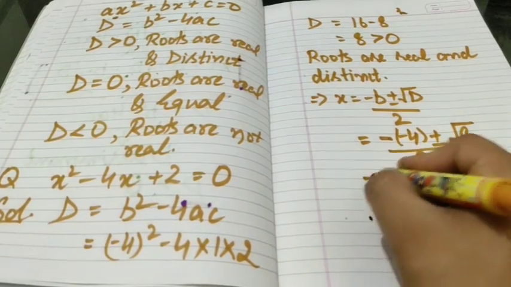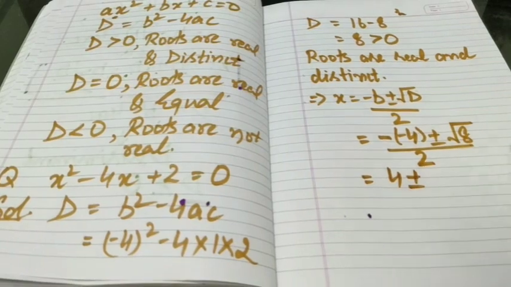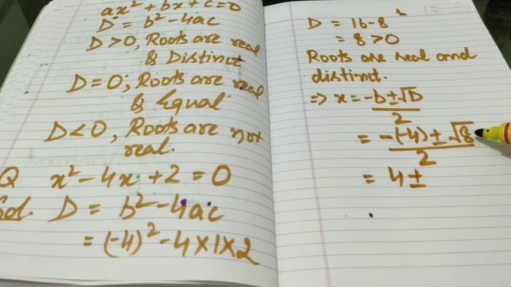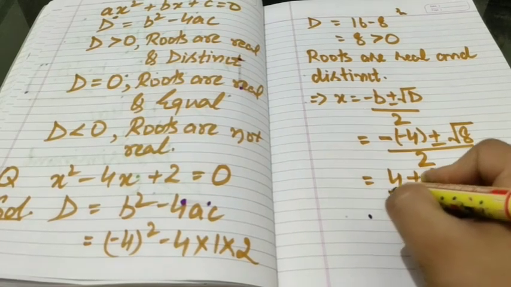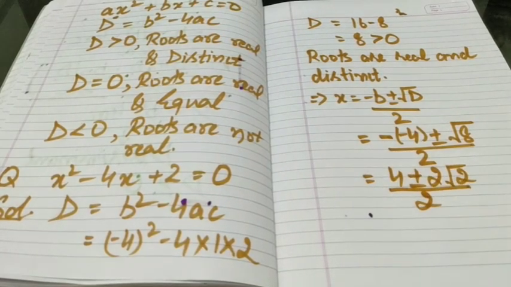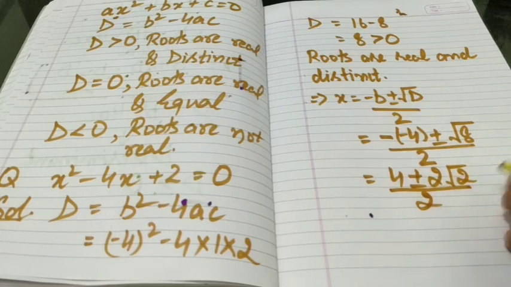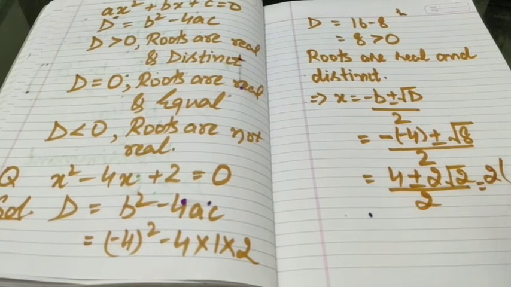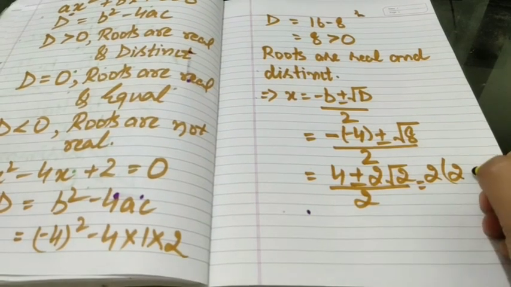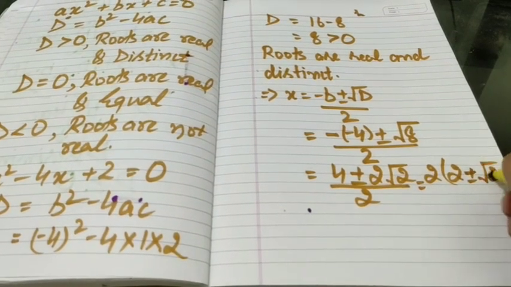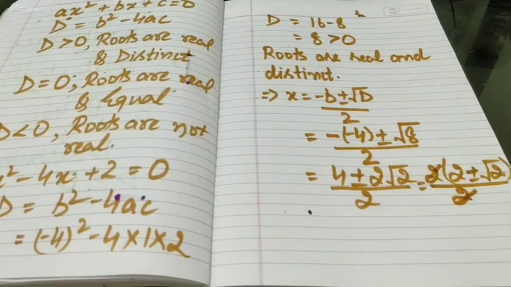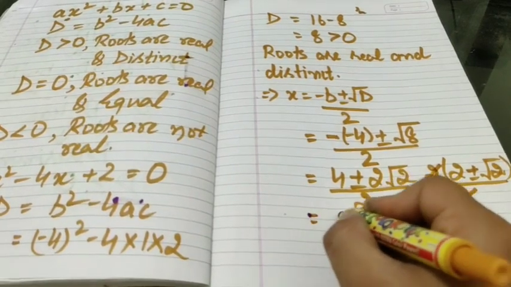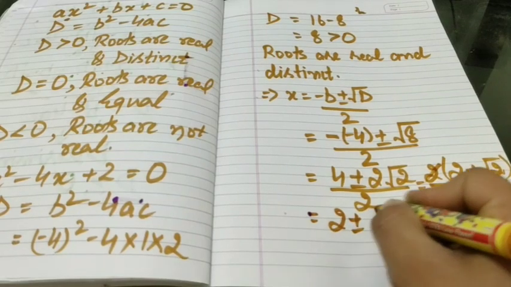So we get 4 plus minus, and we know that square root of 8 can be written as 2 square root of 2, whole divided by 2. From these two we can take 2 common, and inside the bracket we are left with 2 plus minus square root of 2, whole divided by 2. 2 and 2 get cancelled, and finally we are left with 2 plus minus square root of 2.